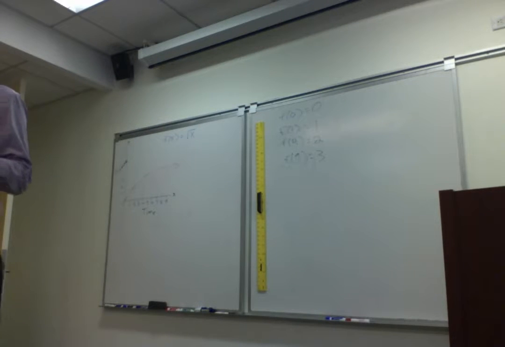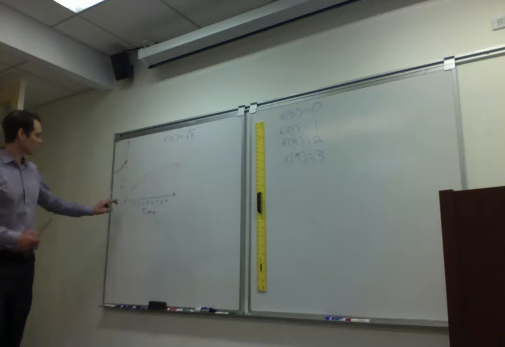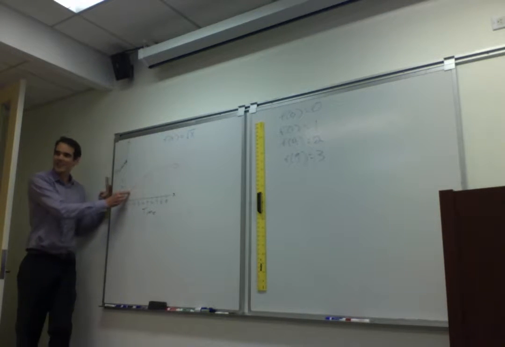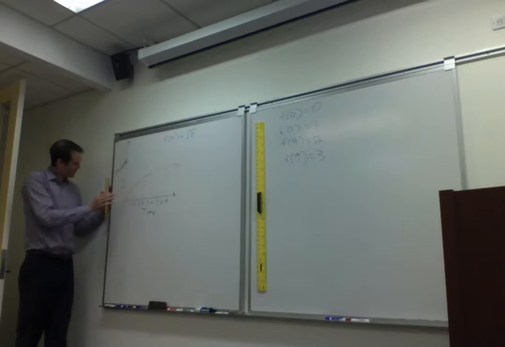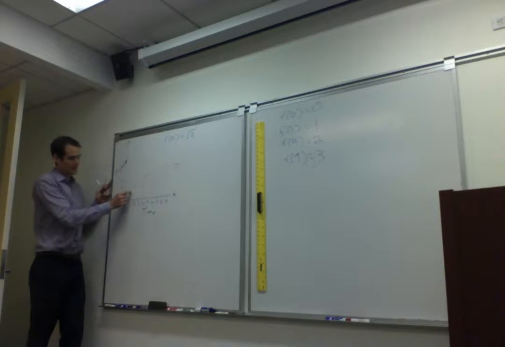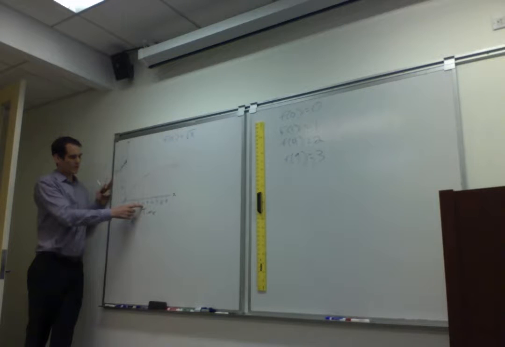So if we want to find a rate of change at point 1, what is the speed at that exact moment? Well, we don't have any tools yet to think of the speed at that exact point. But what we could do is say, well, what's the rate of change from 1 to 4? All right, so from 1 second to 4 seconds, how fast is it going?